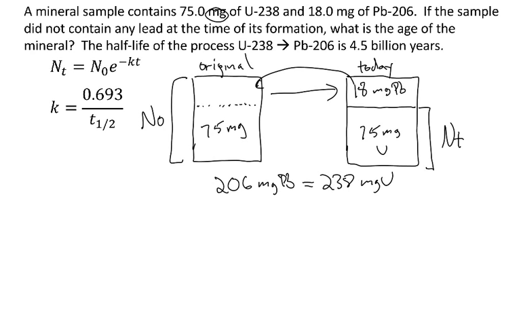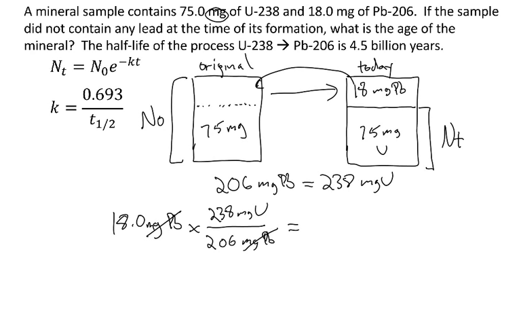So I can take my 18 milligrams of lead, and in order to get the units to cancel, I'll put my 206 milligrams of lead on the bottom. Then 238 milligrams of uranium will go on top. When I multiply that out, I get 20.8 milligrams of uranium.